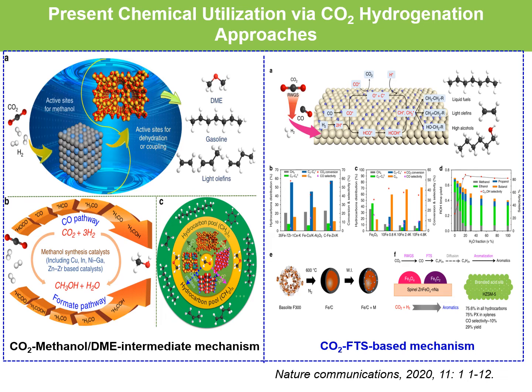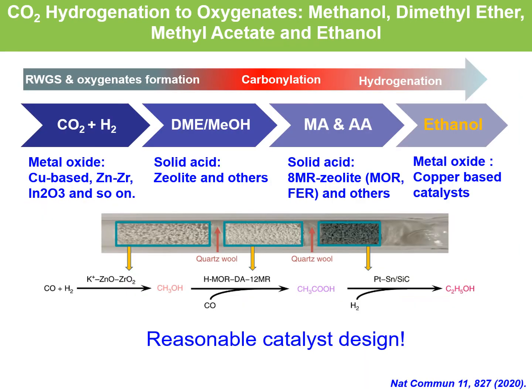The other route uses a CO-based mechanism. That is, CO2 can be transformed into light olefins firstly, and then a zeolite catalyst is used to produce heavier hydrocarbons. And our strategy to produce oxygenates from CO2 is like this.